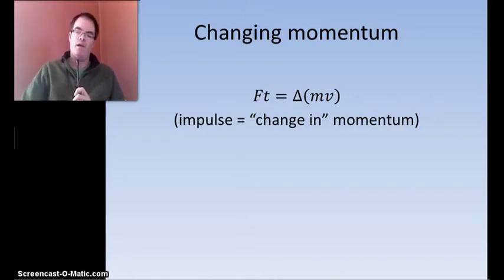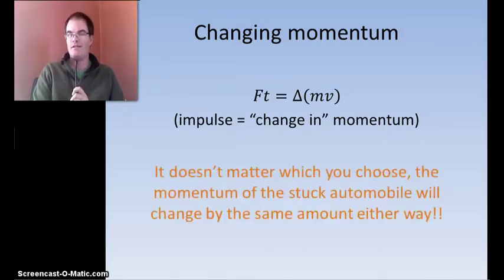Okay? So a change in the momentum will be given by the impulse. That's a new relationship that we're introducing in this chapter. And in this question that I asked, it really doesn't matter if you have one guy pushing for 10 seconds or 10 guys pushing for 1 second.